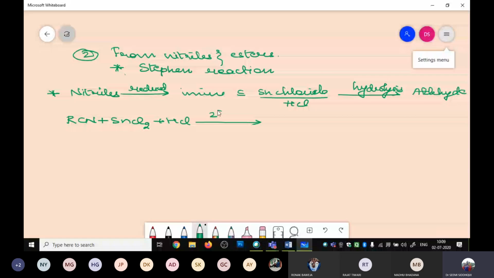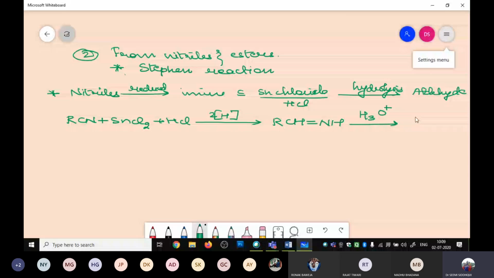So RCH double bond NH is formed, and when it undergoes hydrolysis with H3O plus, it makes an aldehyde. Okay, this is the general equation.